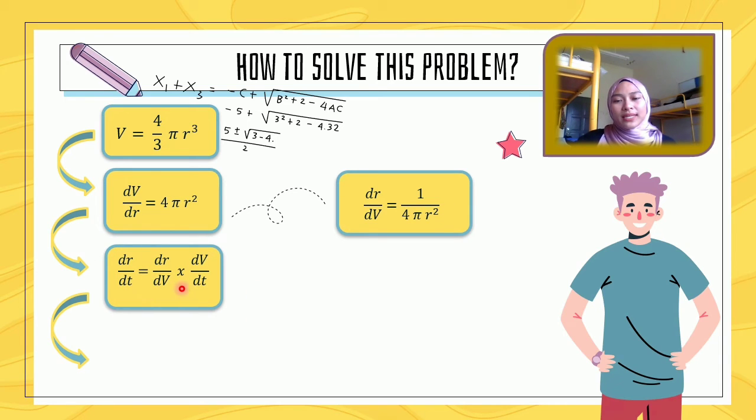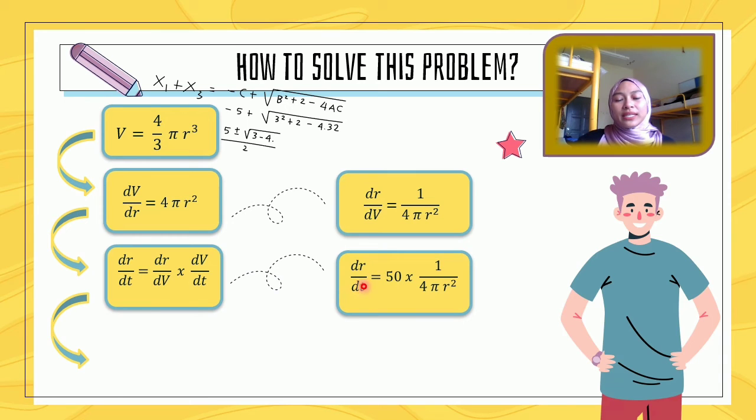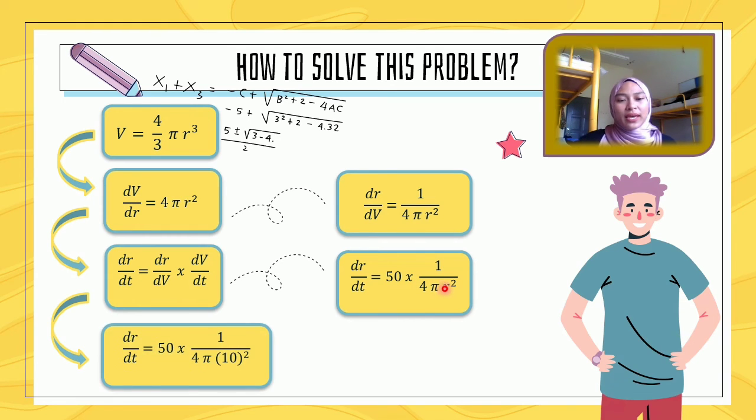Then, we know the equation is dr/dt equals dr/dv times dv/dt. So dr/dt, the rate of change of the radius, we key in the value: 50 times 1 divided by 4 pi r squared, and key in the value of the radius r.